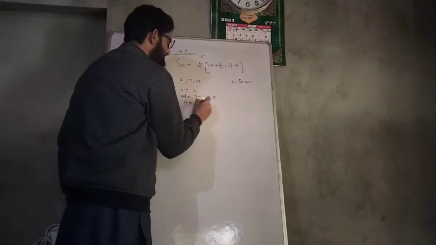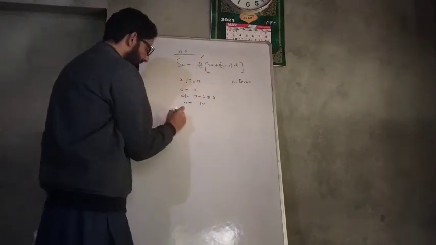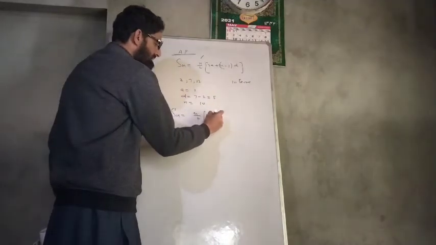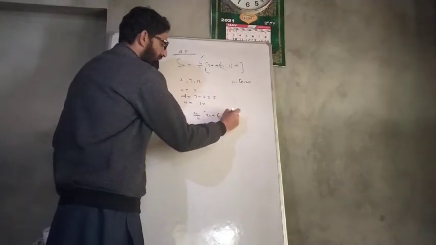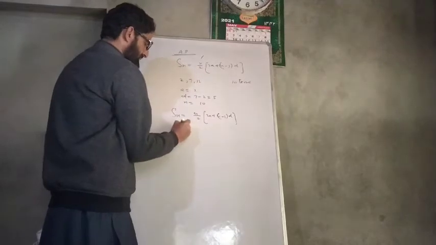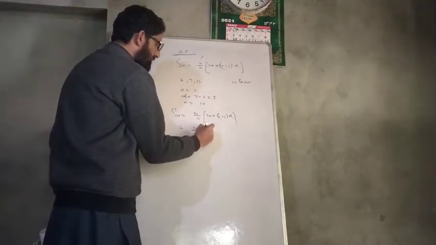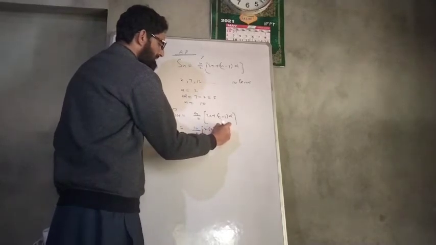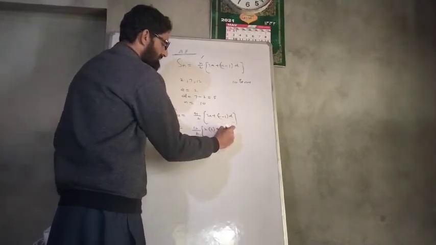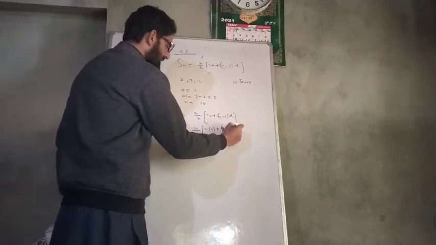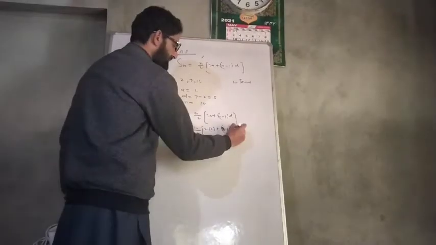So Sn is equal to n by 2 into 2a plus n minus 1 into d. So n is 10, this is 10 by 2 into 2 into 2 plus 10 minus 1 into d, which is 5.